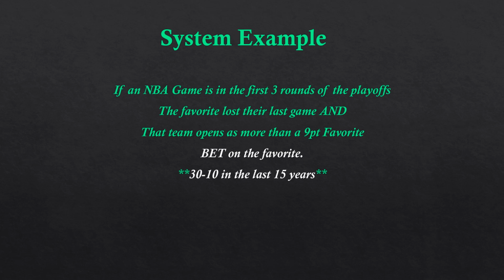So here's an example. If an NBA game is in the first three rounds of the playoffs, and the favorite lost their last game, and the team opens as more than a 9-point favorite, you should bet the favorite. This is 30-10 in the last 15 years.